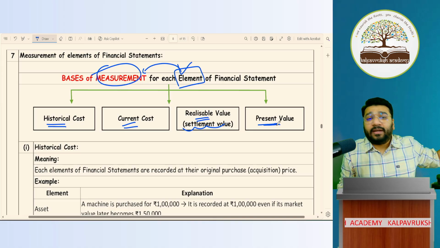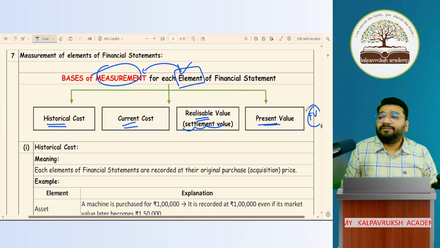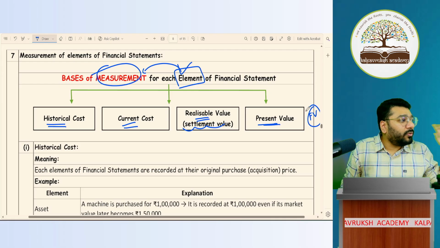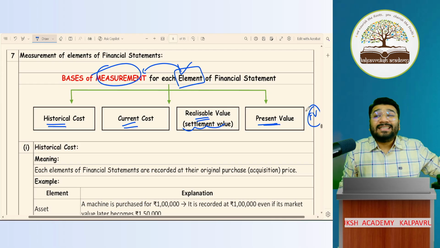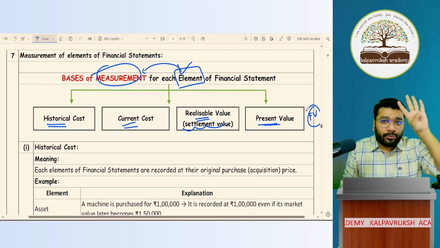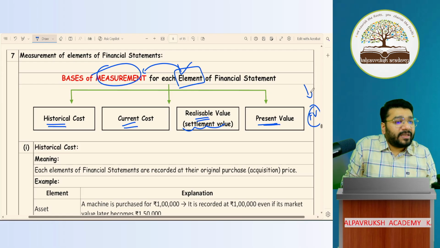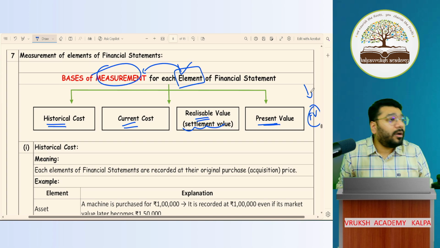I would have appreciated had they mentioned one more point, fair value, not face value. From ICAI's point of view, if they ask what are the bases of measurement, write only 4. But in reality, there is one more method of measurement, which is fair value. Got it, not got it?